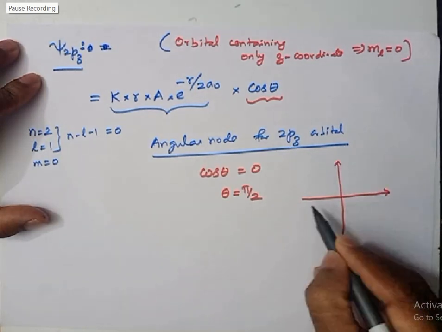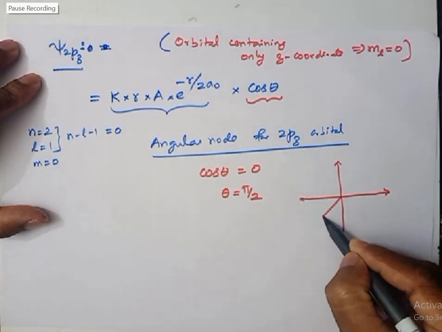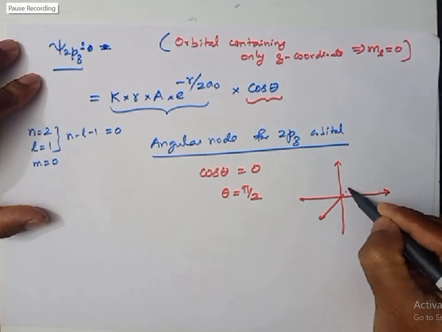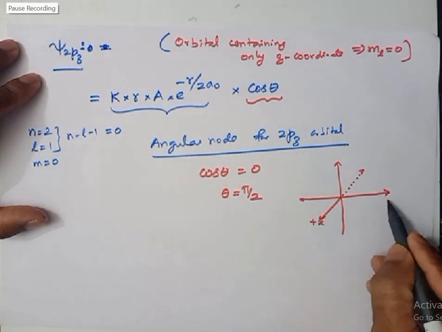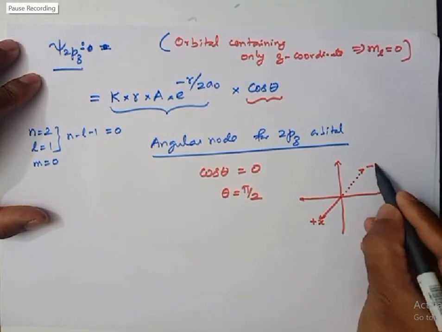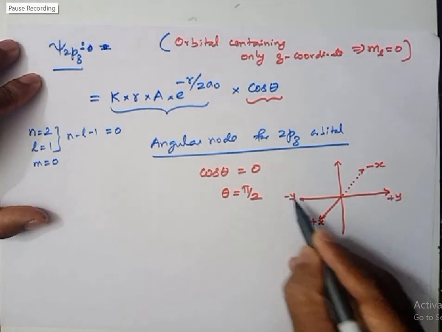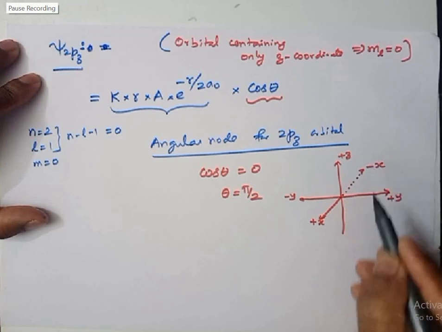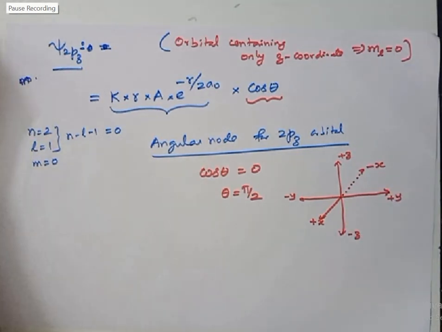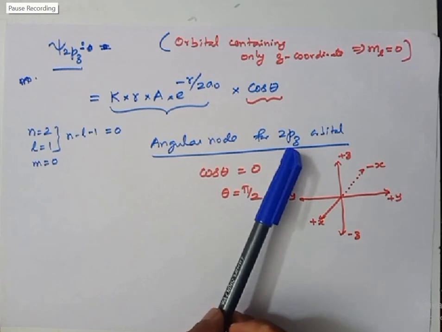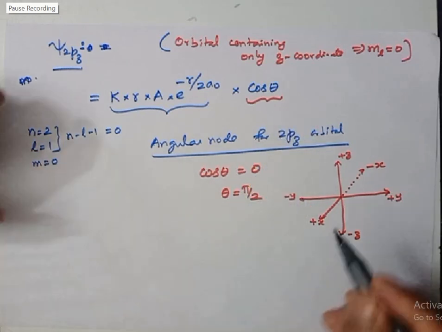Observe this carefully. This is plus x-axis, plus y-axis, minus x-axis, minus y-axis. This is plus z and this is minus z. Now we are going to draw the 2pz orbital. How does the 2pz orbital look?